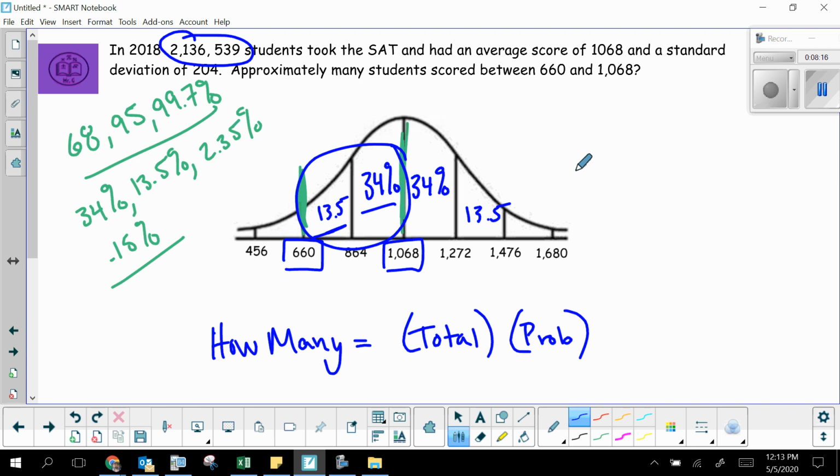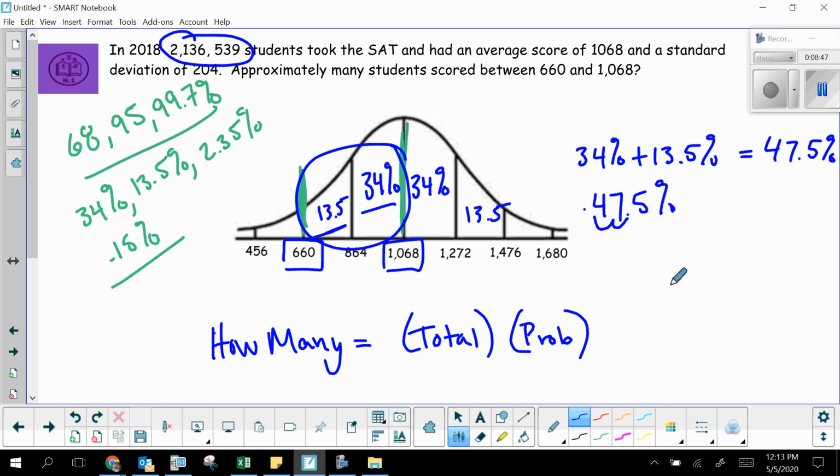So we take a look at it: 34% plus 13.5% is equal to 47.5%. So 47.5% of our students scored between 660 and 1068. We'll turn that into a decimal. 47.5%, if we move the decimal over 2, is 0.475 as a probability.